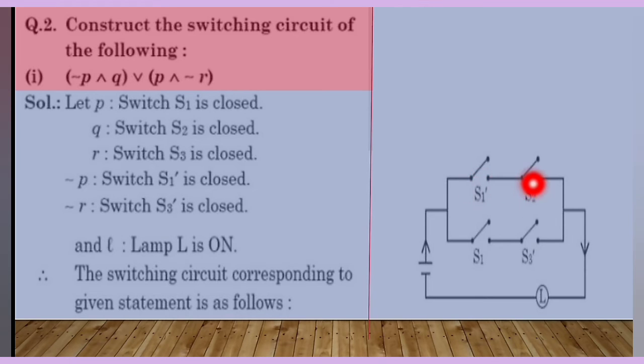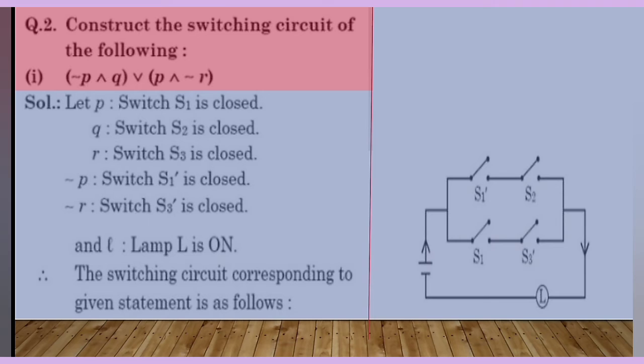Now these two are parallel to these two, since we write the OR symbol. With P and negation R: this is P, S1, and since this is AND, these are in series. P and negation R, S3 dash means negation R. This is how we draw this circuit.